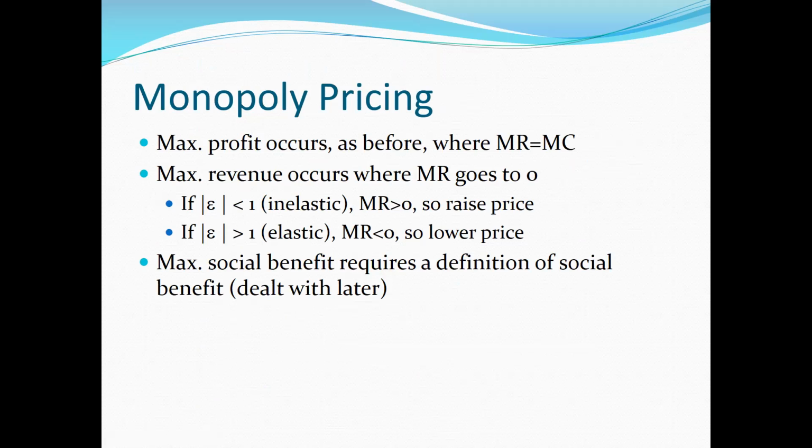So maximum revenue happens when marginal revenue goes to zero. So remember, when we try to maximize any function, the function's maxima occurs when the derivative of that function is zero. And we know that when we talk about anything marginal, marginal cost, marginal revenue, we are talking about the derivative of that function.